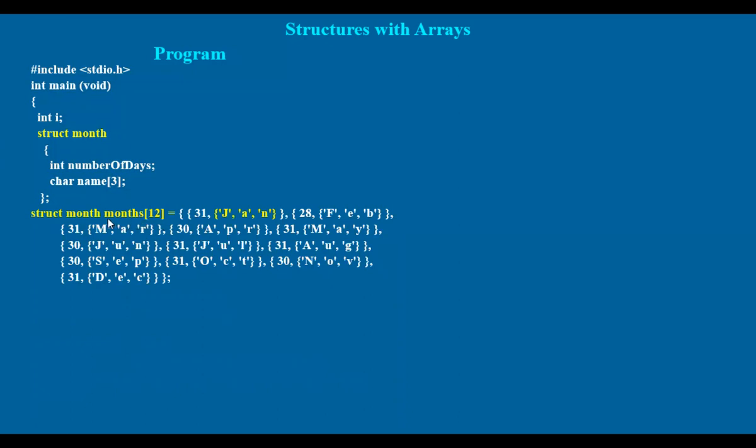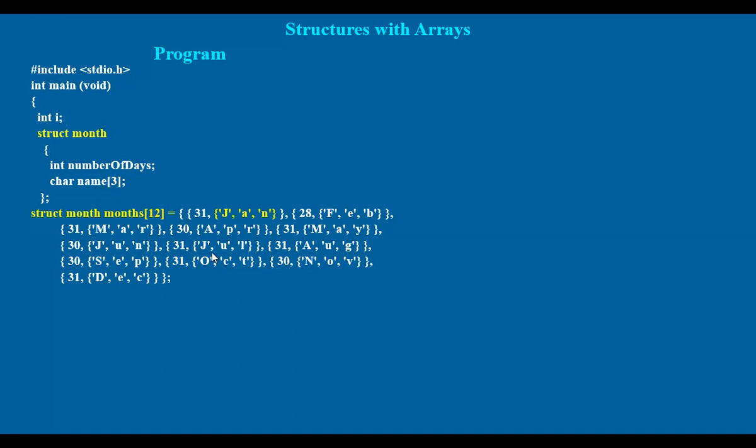This is the array, declared here. It is months, the variable name, and this is an array having 12 elements, declared as the structure named month. In this month, we have number of days and name here.